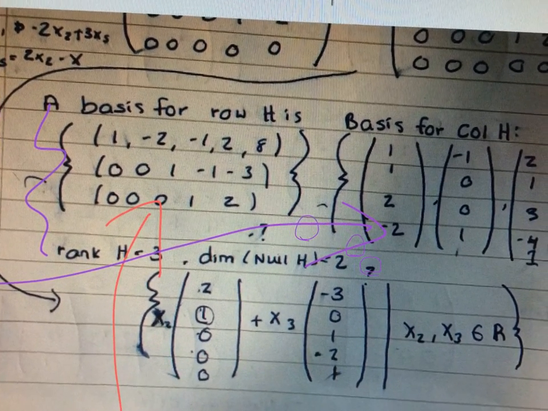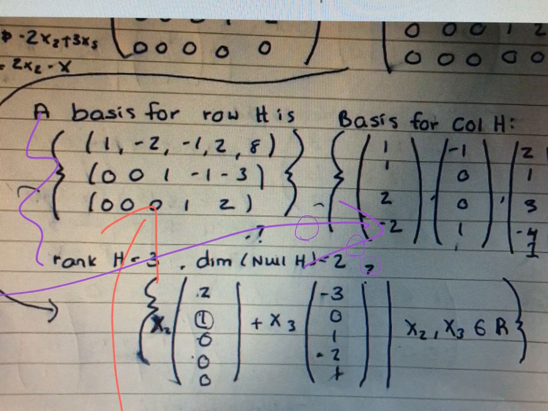I want to make this just a bit bigger because I want to talk about the bottom part here. You've got x2 plus x3, and I'm not sure if you are trying to write the solution set for the whole matrix.